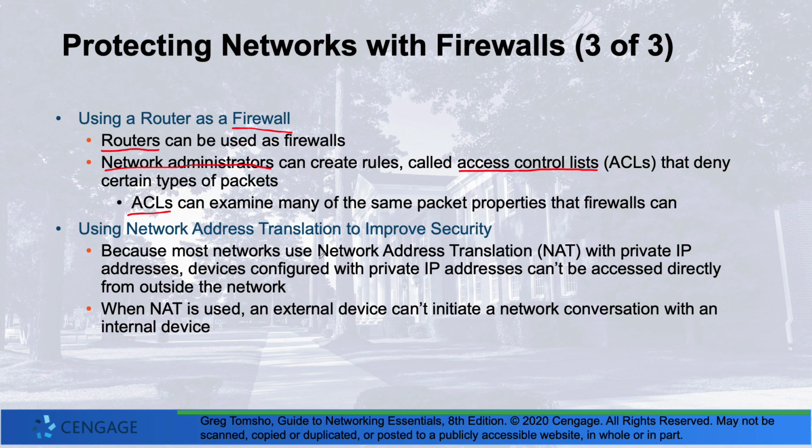We can also use something called network address translation. Network address translation allows you to have 1,000 computers on the inside of your company with private IP addresses, something from the 192.168 range.